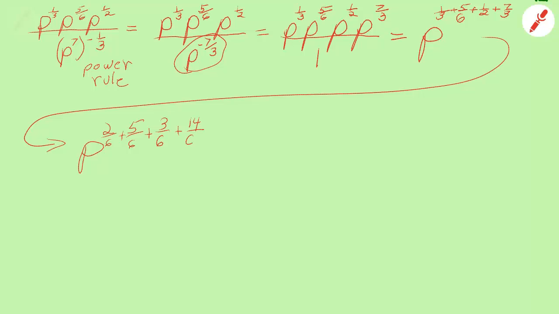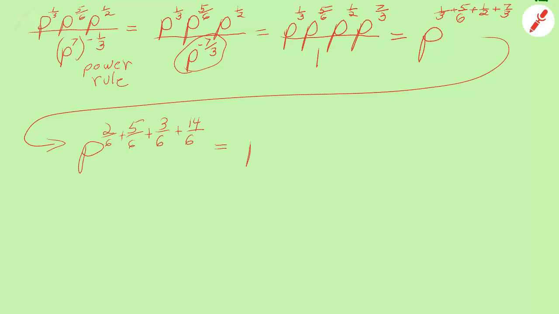And sixths is really hard to say. All right, this is what I now have. I have base p raised to the powers 2/6 plus 5/6 plus 3/6 plus 14/6. I'm going to add these up.